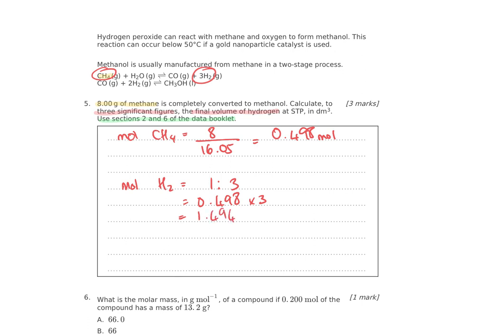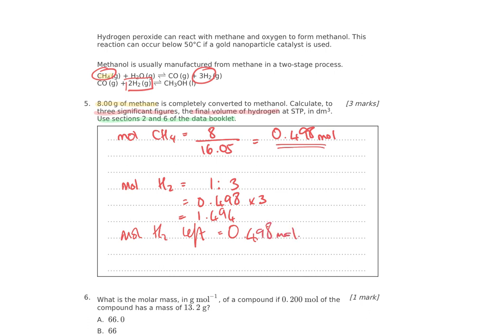And then to calculate my decimeters cubed, I almost missed that. Actually, we've got 2 moles here that are used up. So out of those 3 moles of hydrogen, only 1 mole is left over at the end. So my moles of hydrogen left is going to be 1 mole, the same as this, 0.498.